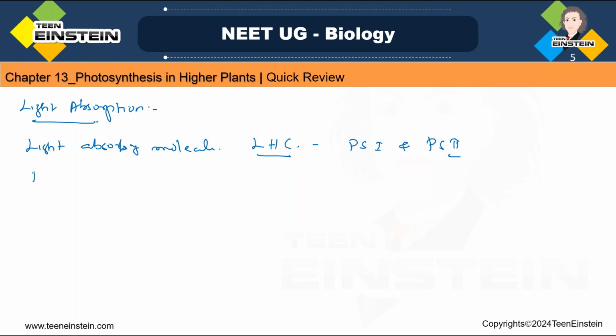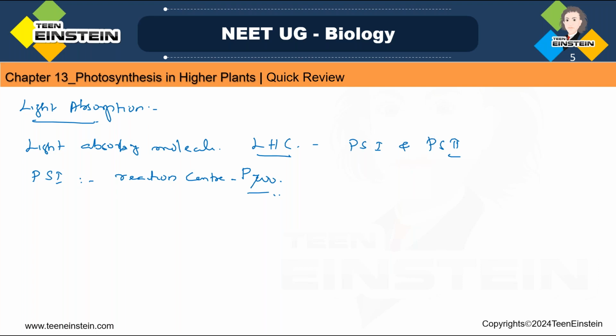So photosystem 1 or pigment system 1, here the reaction center in this pigment system is P700. Okay, so that absorbs the light of wavelength 700 nanometer. That's what by 700 we are mentioning here.